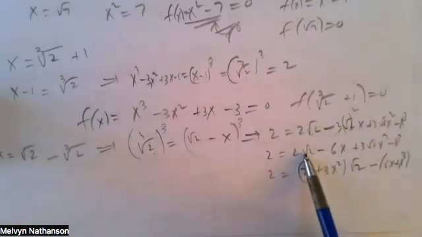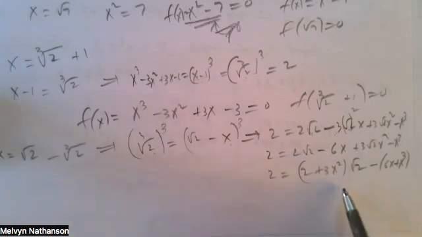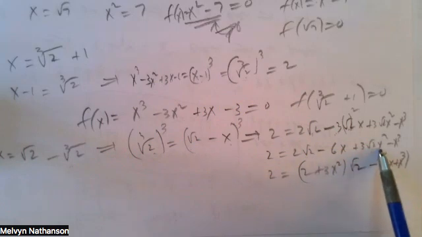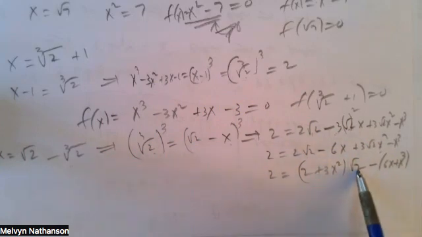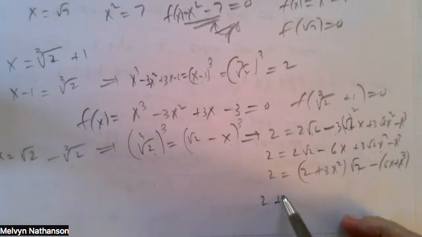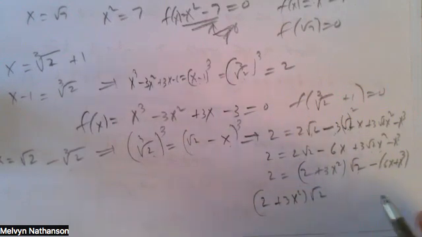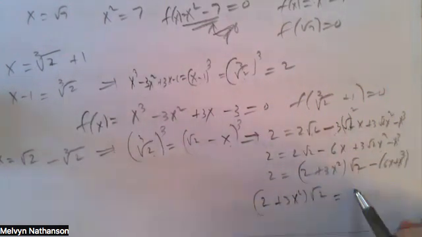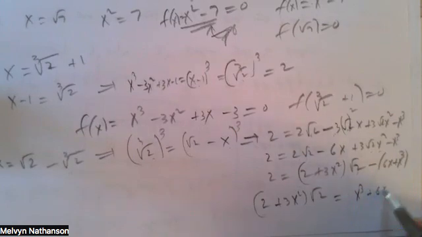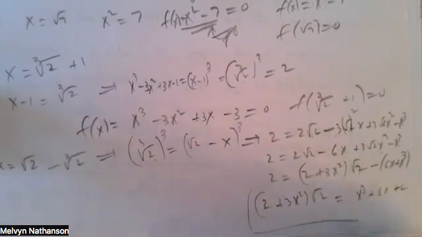So that's 2 root 2 plus 3x squared root 2. If I factor out root 2, that's root 2 times 2 plus 3x squared, minus 6x plus x cubed. So again, if I rearrange that, I get 2 plus 3x squared times the square root of 2 equals x cubed plus 6x plus 2.